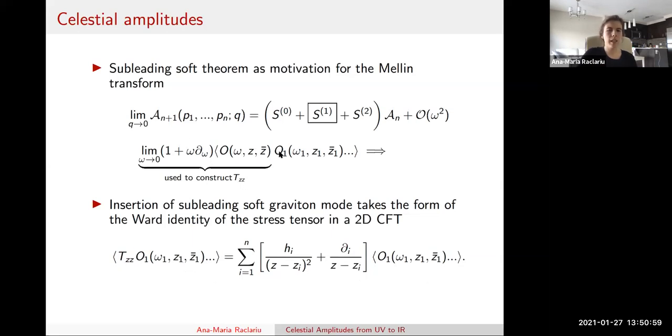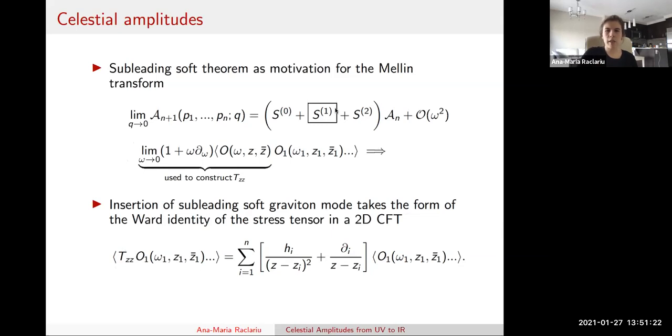And this T_ZZ is whatever one gets basically from taking this soft limit, acting with this projector, and also in addition acting with these derivatives. It is some operator which is constructed from some subleading soft graviton mode. There is an explicit expression for it, but it's not relevant for this talk, so I'm not going to go into that.